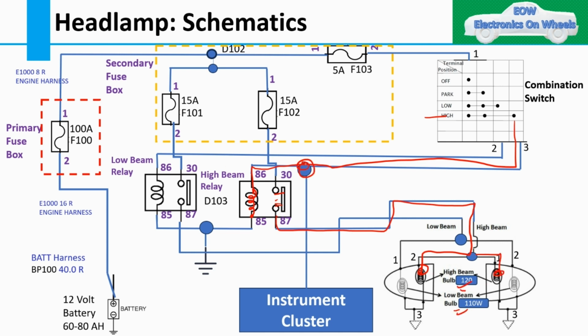But once you switch on the high beam through the combination switch, we have to give this connection also to the instrument cluster. Once it switches on, that particular telltale in the instrument cluster will glow. So this is how this complete circuit will be made.